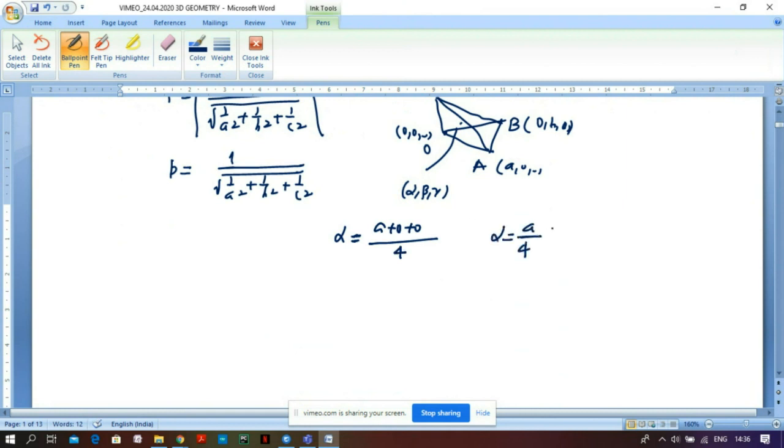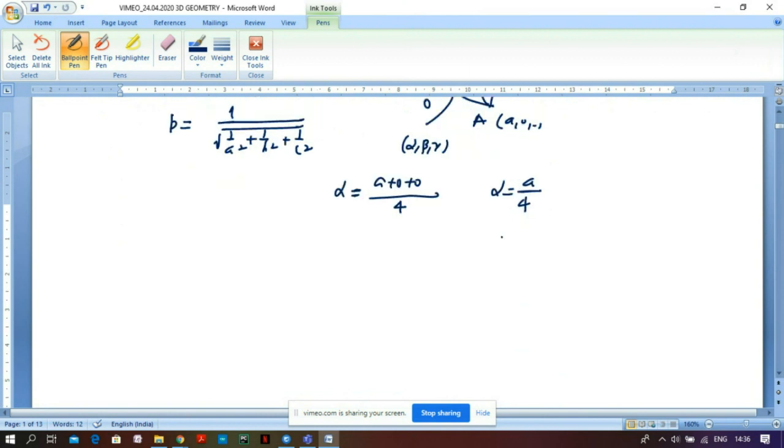For a 2D figure, if it were a triangle, the centroid is the sum of coordinates upon 3. When you go to the next dimension, the third dimension, then it is in fact upon 4. It means the sum of x coordinates upon 4, then the sum of y coordinates, and so on. So alpha is A over 4. Similarly, beta is B over 4 and gamma is C over 4.